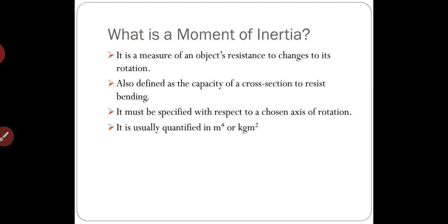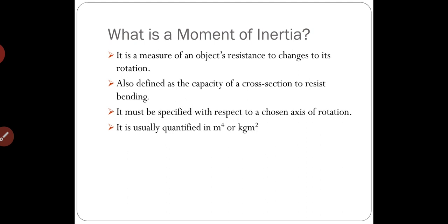It is also defined as the capacity of a cross section to resist bending. It is for structural engineers that a section of a member, a beam or a column, has to be such that the bending moment is resisted maximum by making the moment of inertia about that axis maximum.